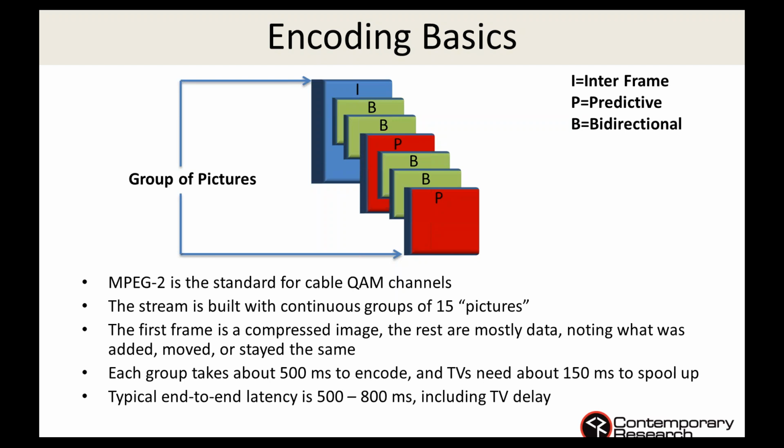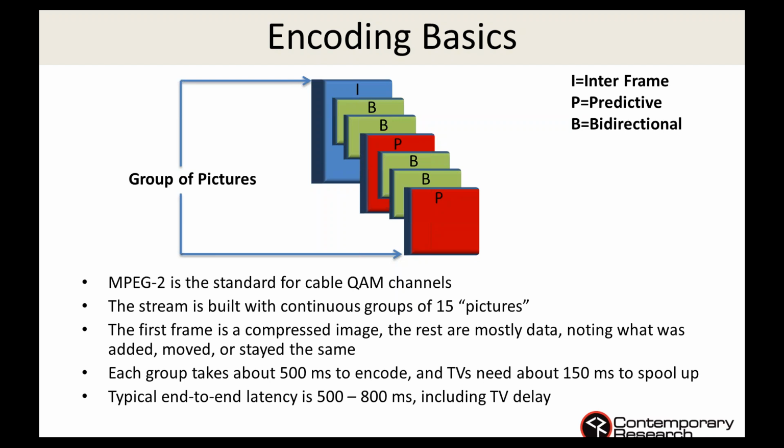And generally there's about 500 or so milliseconds to encode all of that. Remember, it's live. You're doing it in real time. It isn't a video stream you're playing from a server. And the TV needs about 150 milliseconds to put everything back together in its original order and show it as an image on your screen.